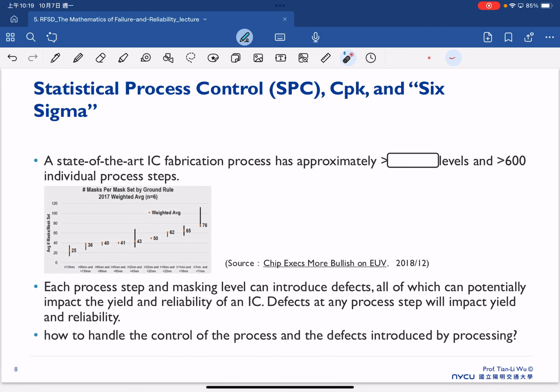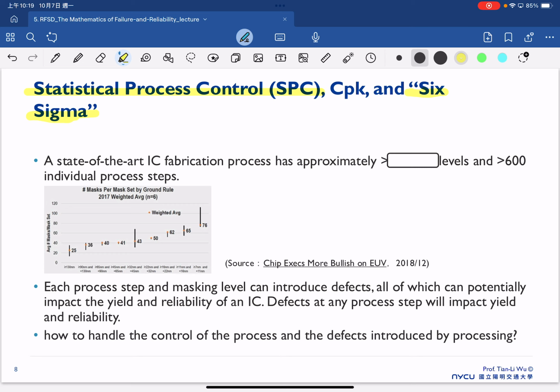Right now, we will bring you another concept that we call statistical process control, that we call SPC, and this is also considered the concept we call Six Sigma.